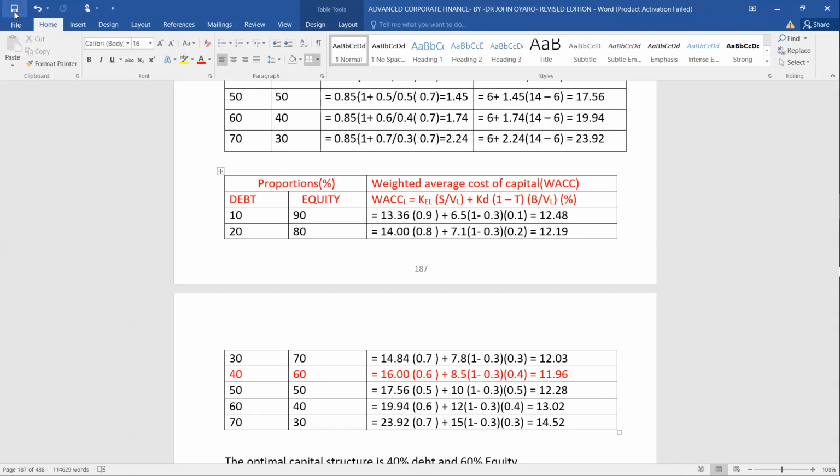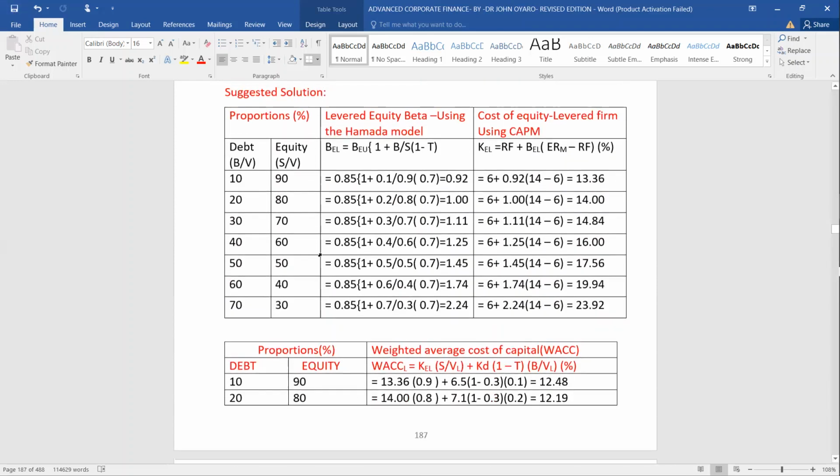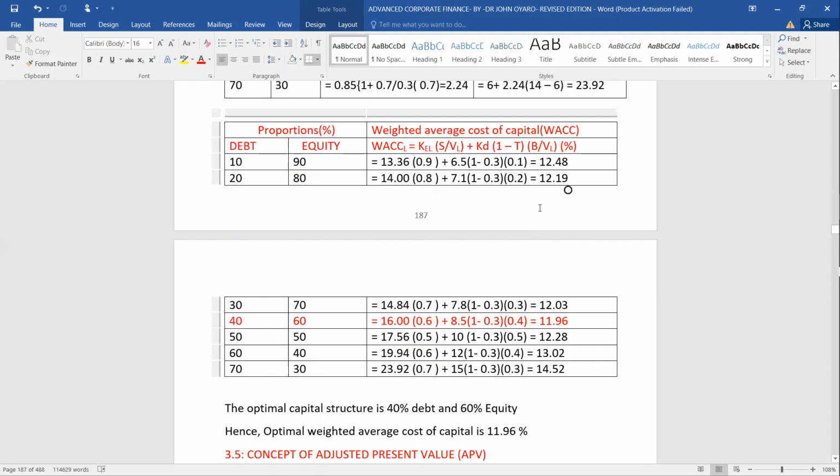Could you please move on and confirm at 30, 40, 50, 60, and 70? Confirm the levered equity beta, confirm the cost of equity, and please confirm the overall cost of capital.